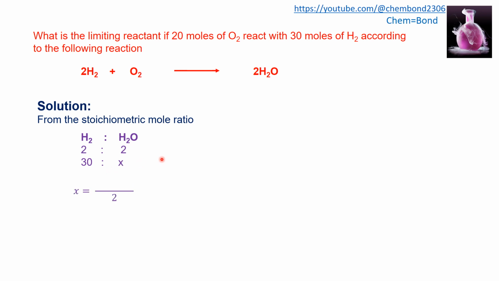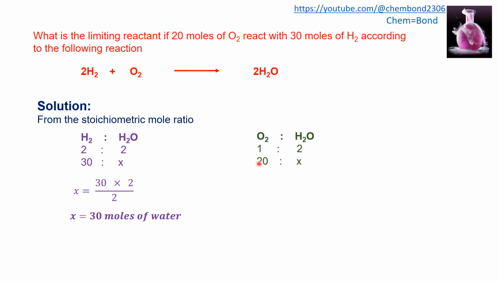By cross multiplying, we will get 30 moles of water produced from 30 moles of hydrogen. Similarly, in case of oxygen and water mole ratio, 1 mole of oxygen will produce 2 moles of water from the balanced chemical equation. So here it is 1:2. In the question, 20 moles are given.